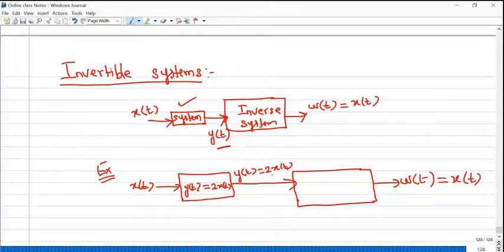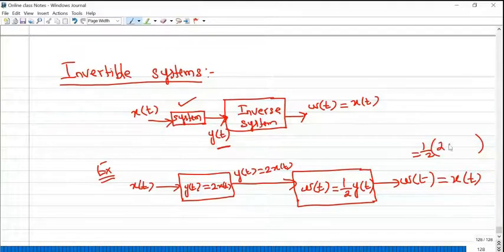Is it possible? From 2x of t, I need x of t only. So if we design a system w of t equal to half of y of t. Is it possible now? w of t equal to half of y of t. What is y of t? 2 times of x of t. So these two will be cancelled, we will get x.